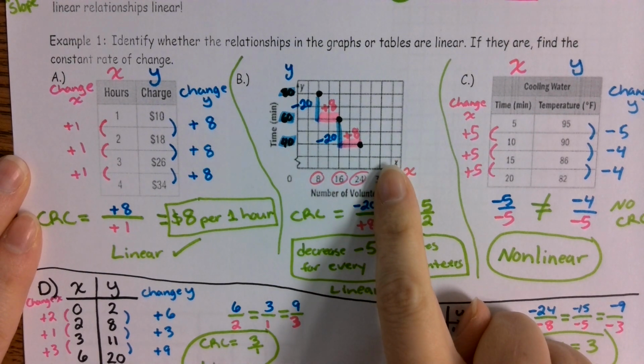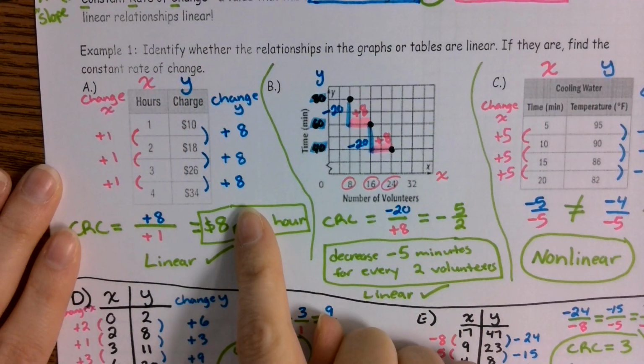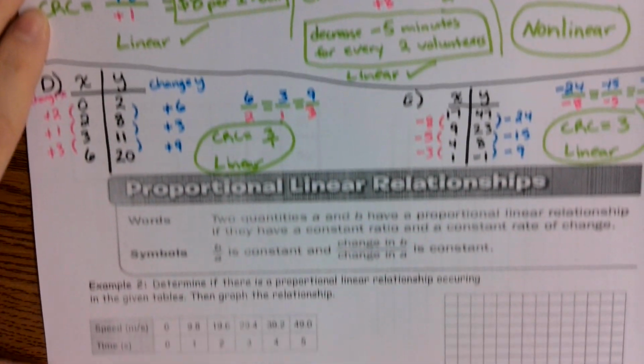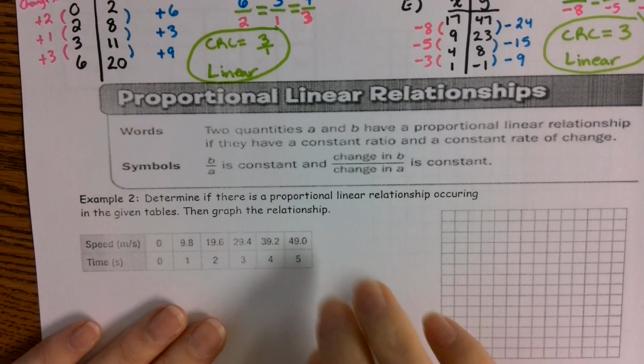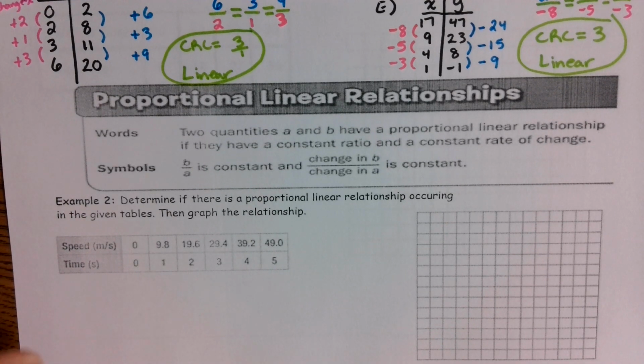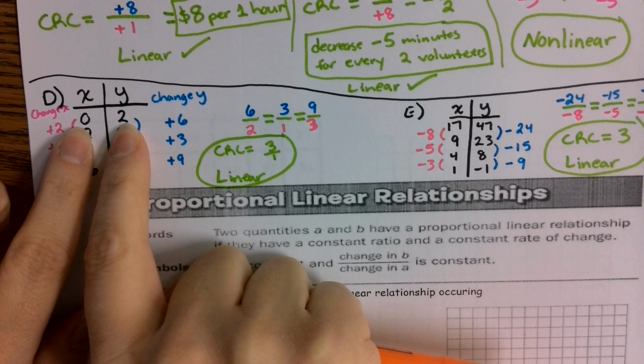Linear, but not proportional. This is not going to be a proportional relationship either. So all of these are linear because they do have a starting point other than what we call the origin. What do I mean by the origin? 0, 0. So if you notice, when x is 0, is y 0? No. When x was 0, y was 2.